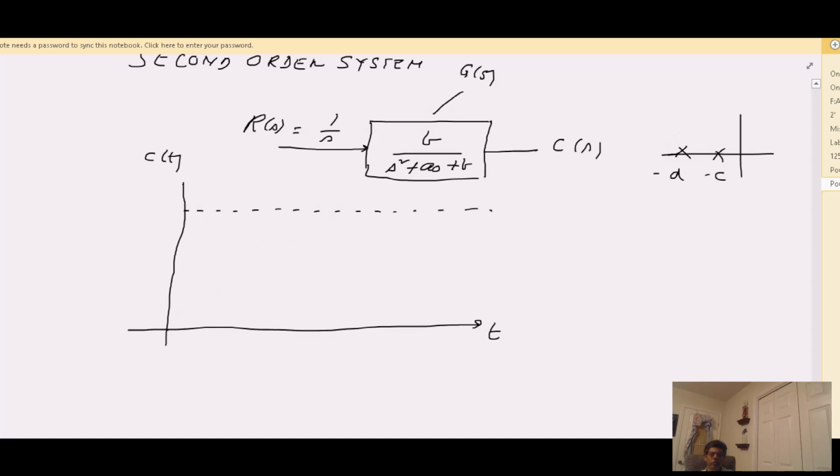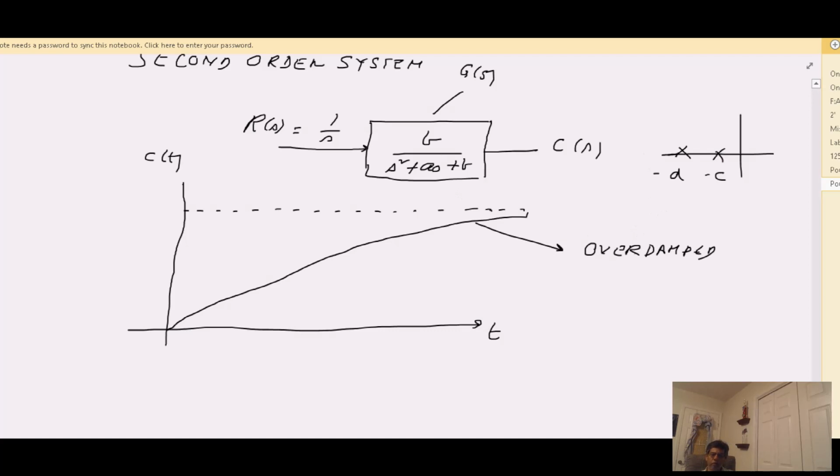It's getting there, but it's going to take a much longer time to get to this dotted line. The rise time is going to be very high. Such a response over here, I'm going to label as overdamped, okay? So overdamped happens when you have two real poles.